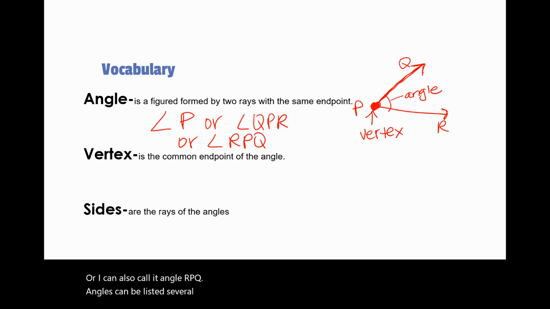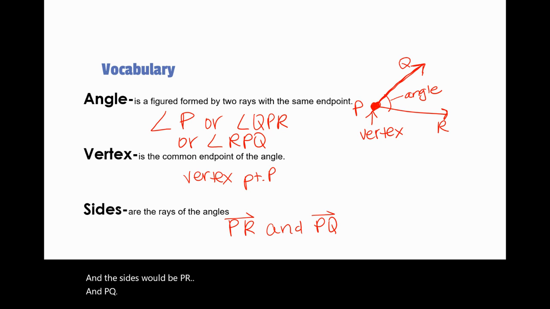You have to have either 3 letters or just the one to notate that angle. The vertex would be point P, and the sides would be PR and PQ. Those are angle, vertex, and sides.